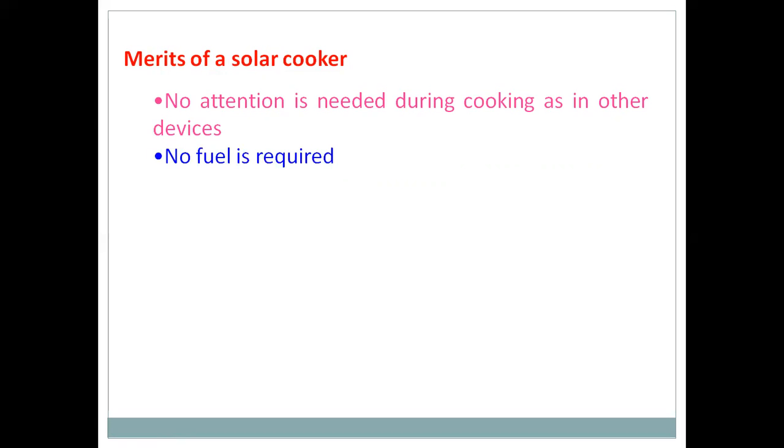And no fuel is required because only solar radiation is enough, so there is no cost. But in all the remaining cases, some fuel is required. And no pollution occurs using this solar cooker because we are not using any conventional energy sources. And the maintenance cost is negligible.